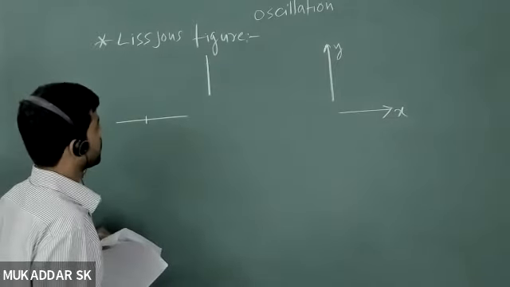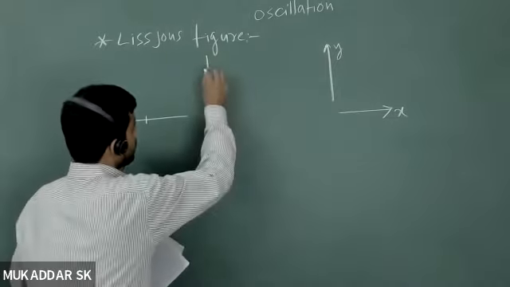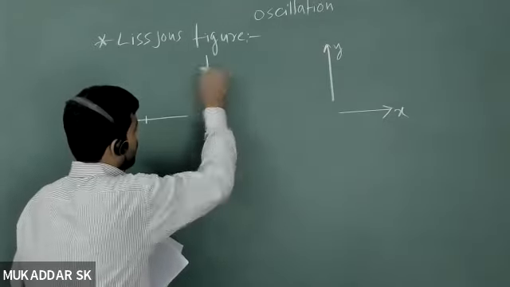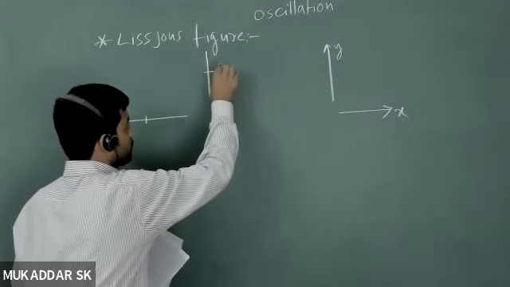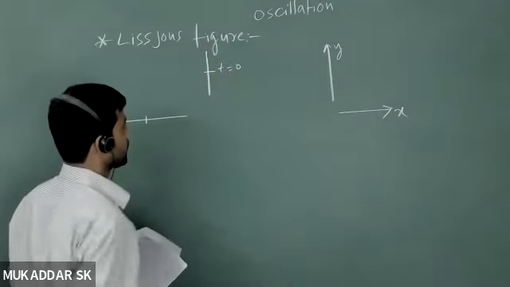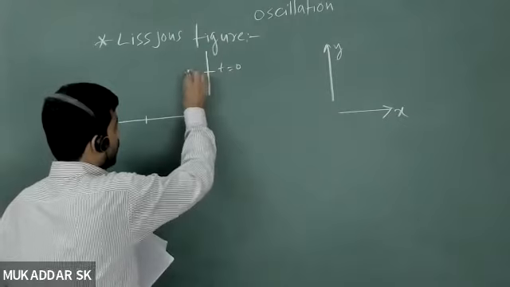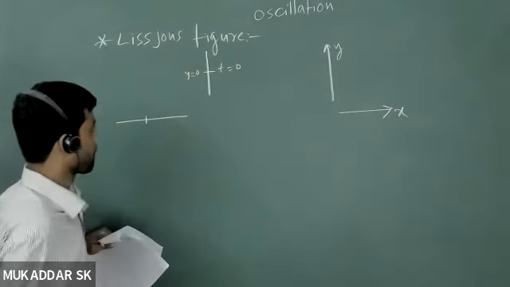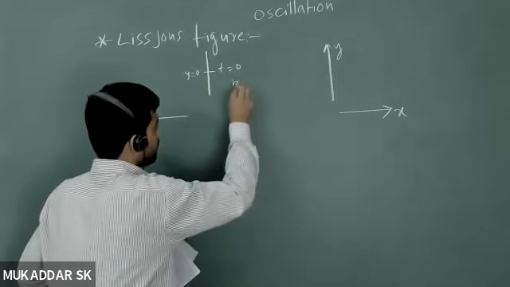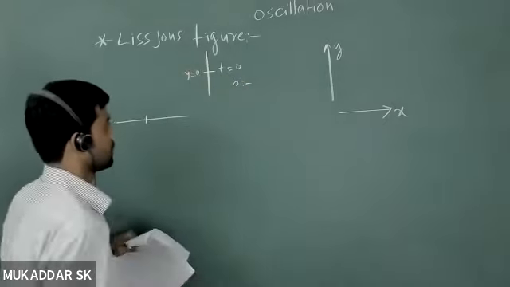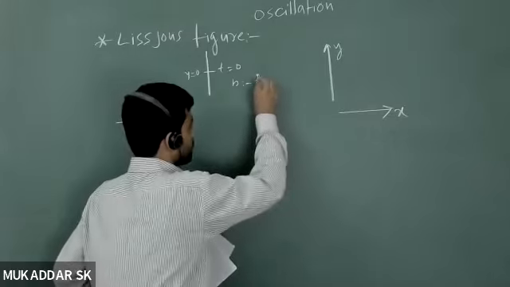Let us assume at time t equals 0, this oscillator is at the equilibrium position, at y equals 0, and b is the amplitude of oscillation of this oscillator.